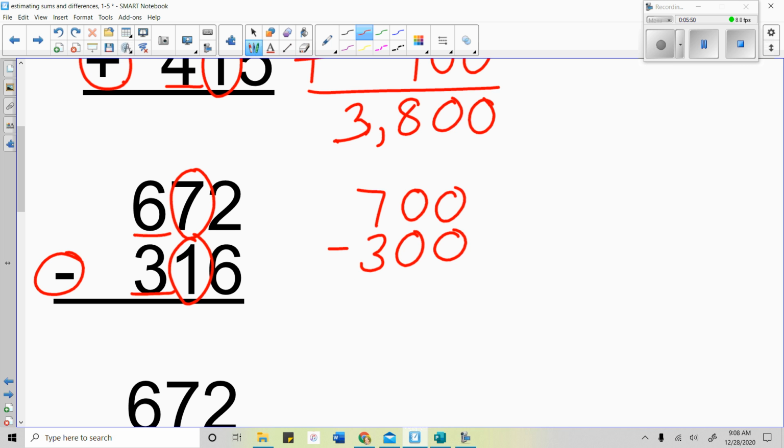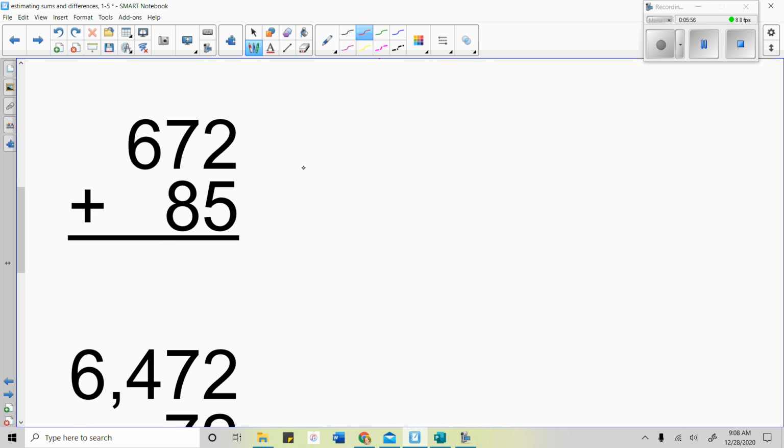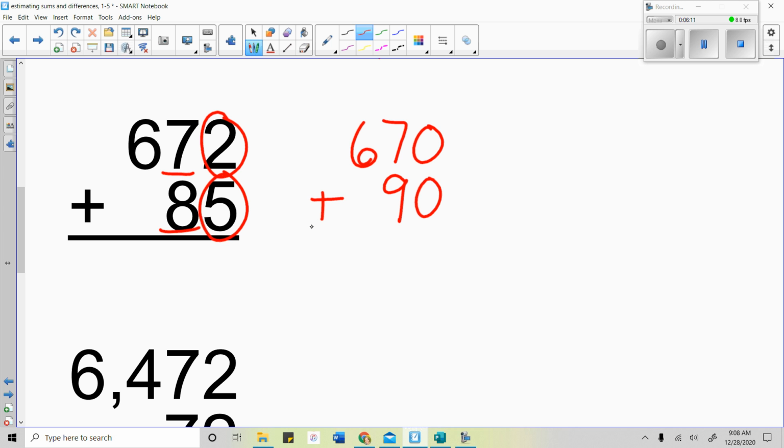This is a subtraction problem, so you should have gotten 400. Next problem, copy it down, pause the video, underline, circle, round, and solve. You should have rounded to the tens place. This one's 670. The other number rounds to 90, and this is an addition problem. So we add this up and we get 760.